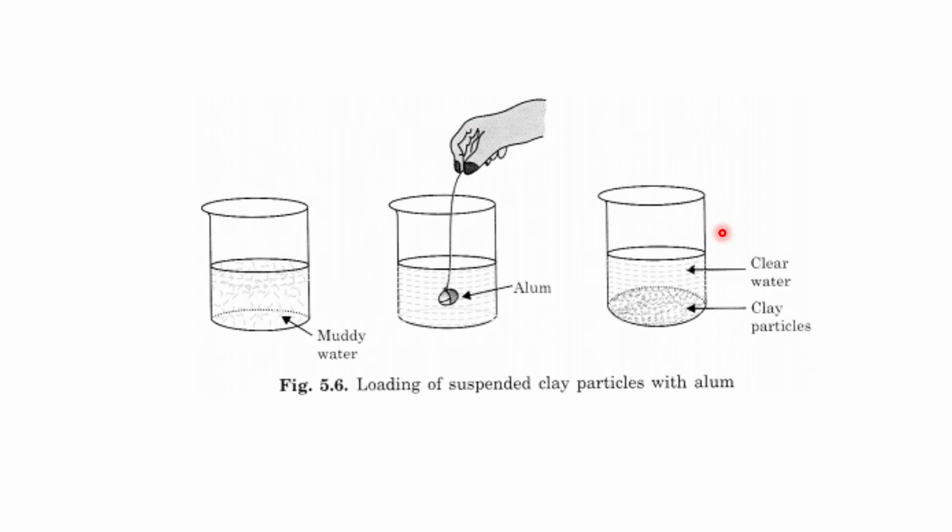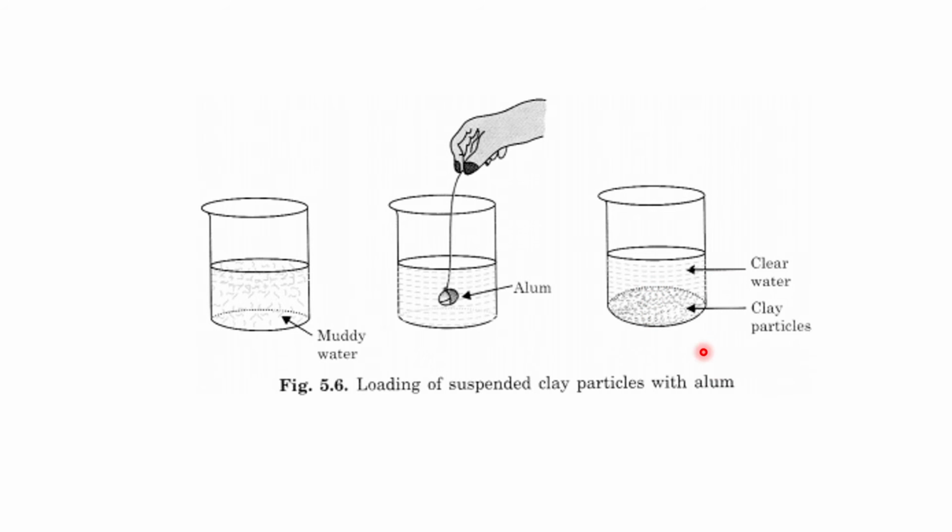This is the diagrammatic representation of how alum is used to separate sand or mud from water. When you add the alum, it would attach to the solid particles or mud particles present in water. As a result, the mud particles would become heavy and settle down.